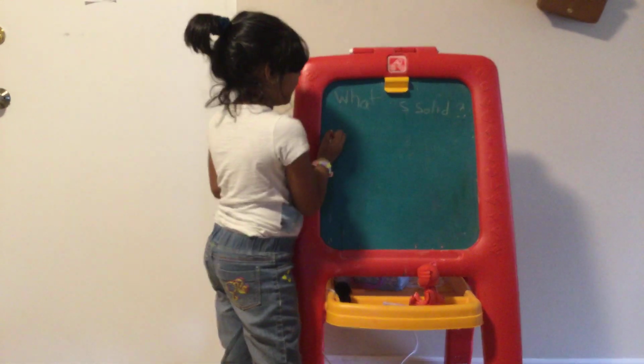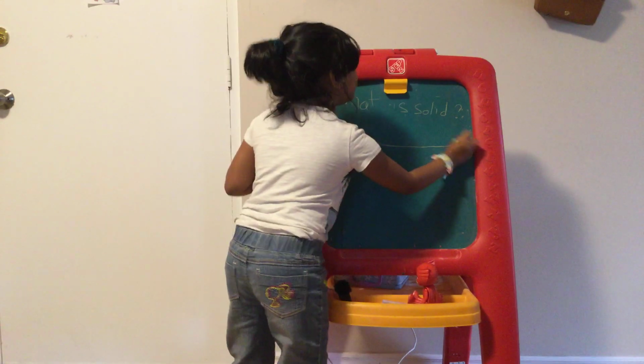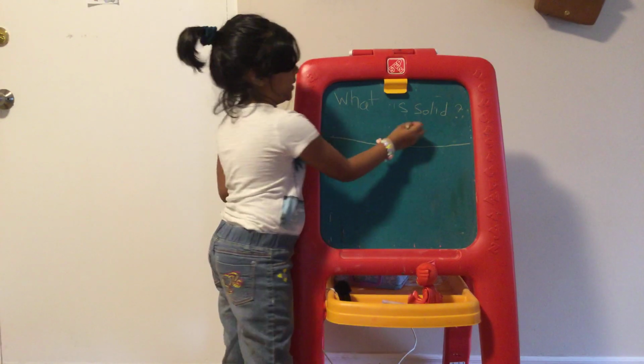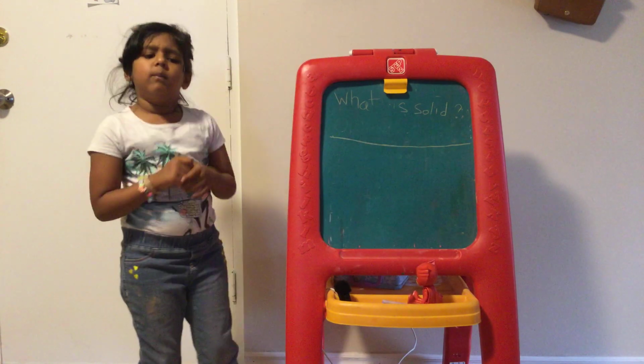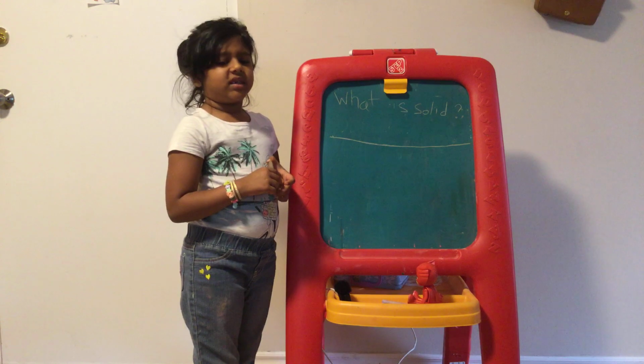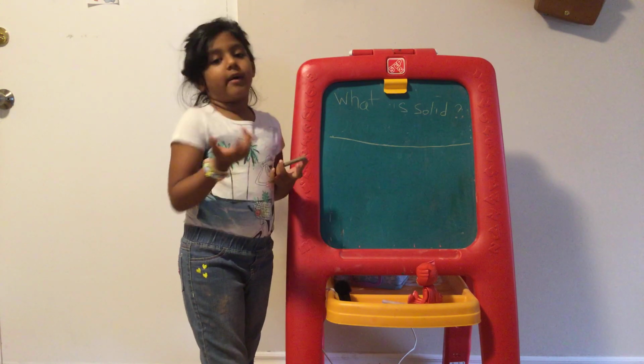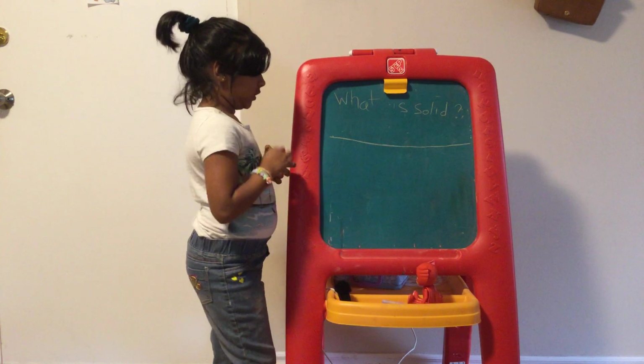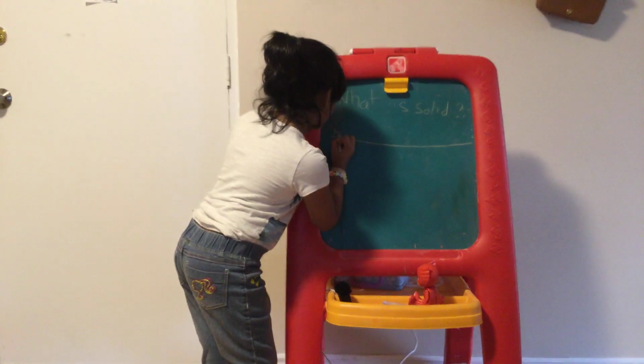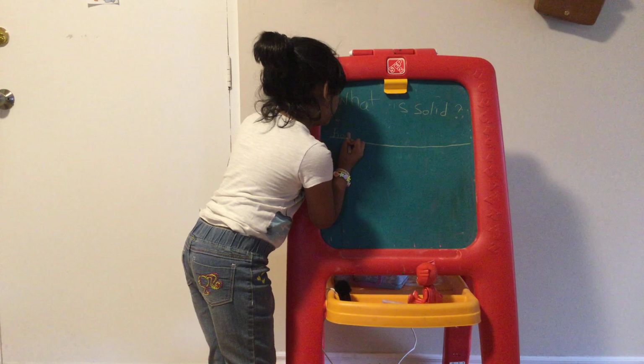So we're going to write all the things that are solid on this big list. First thing we'll think of is board. We found out that firstly, so we're going to write board, our first example of solid.